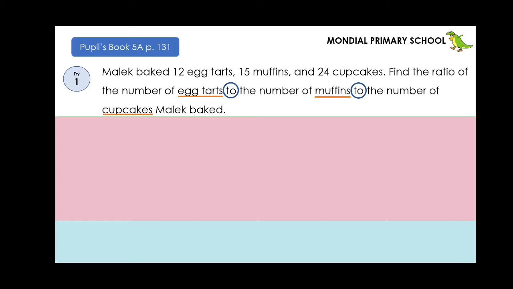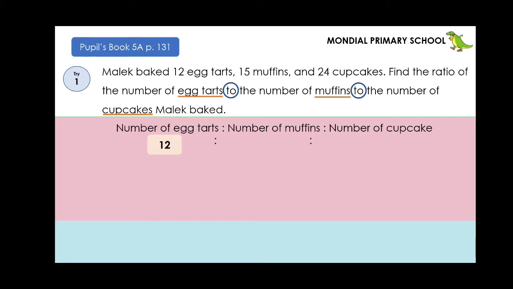Remember, the order is important when writing a ratio. So, write the quantity of the egg tarts first, which is 12. After that, write the quantity of the muffins, which is 15. The last one is the cupcakes.